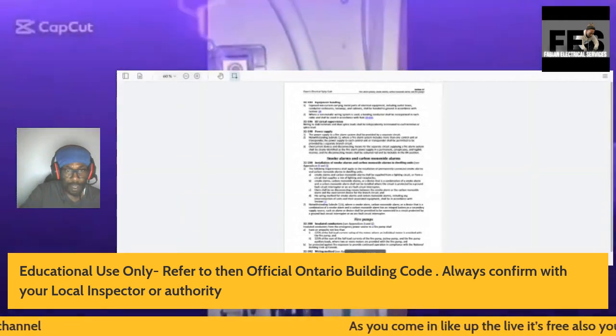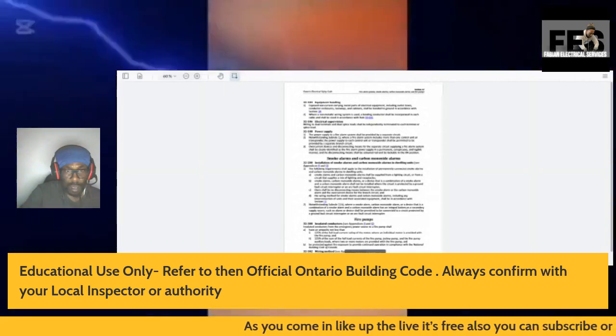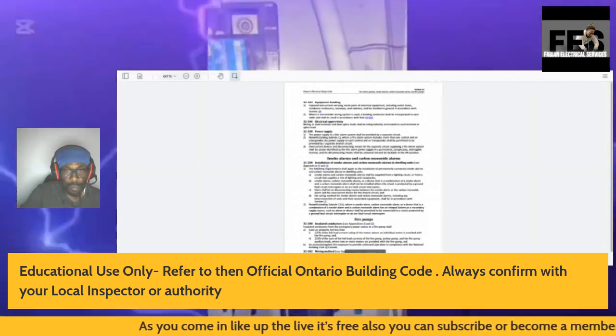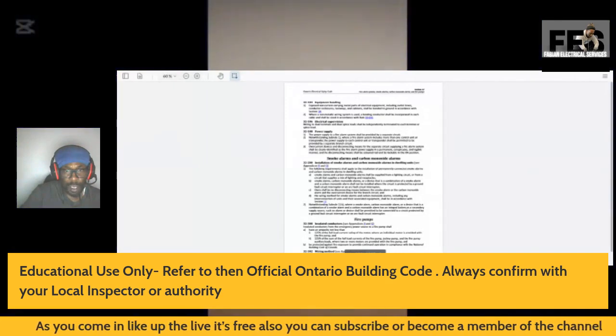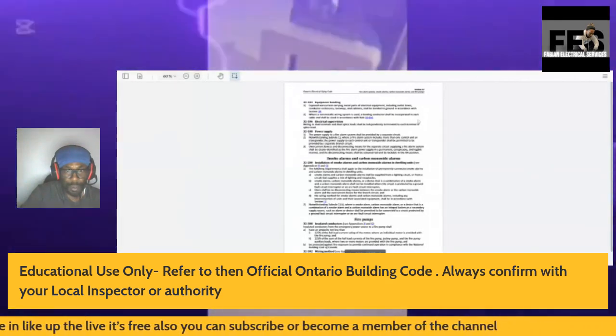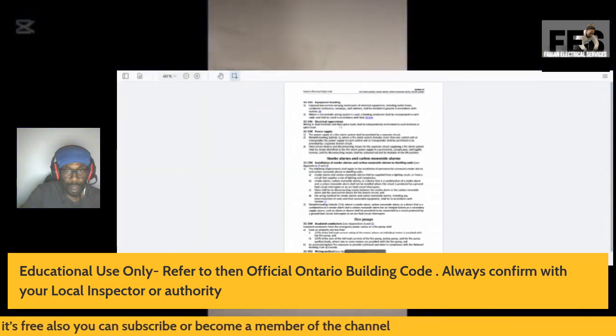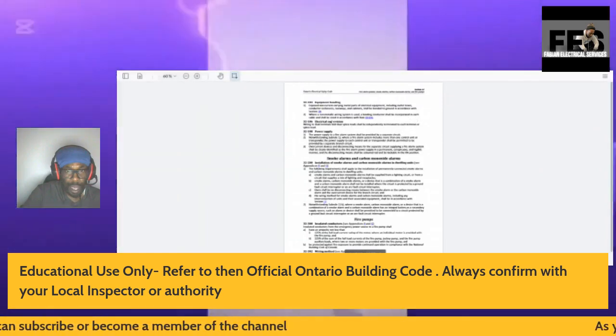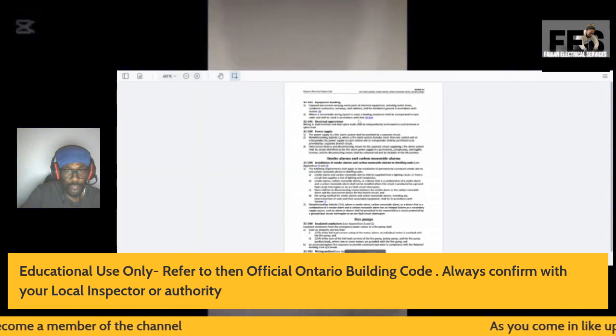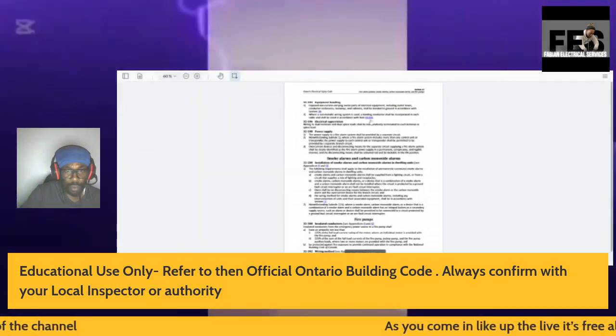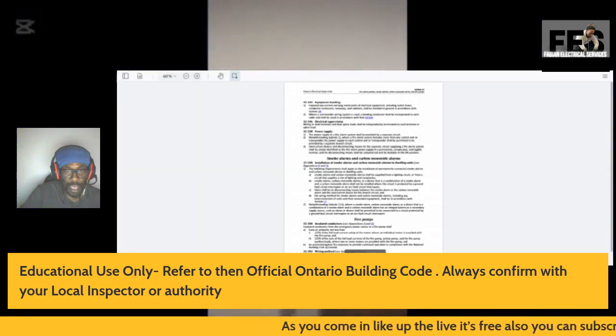Again, where a non-metallic wiring system is used, a bonding conductor shall be incorporated in each cable and shall be sized in accordance with Rule 10-616.